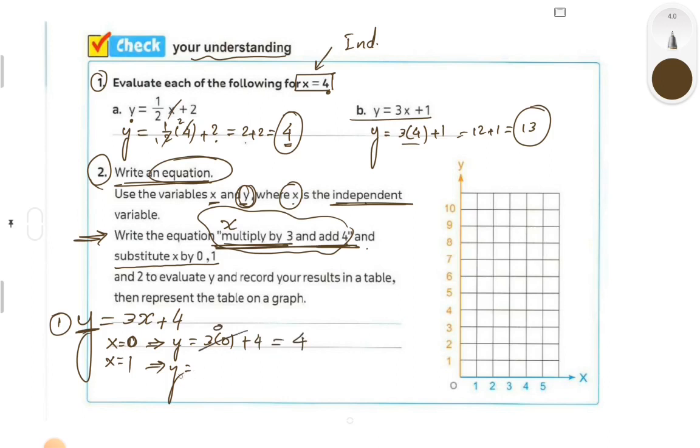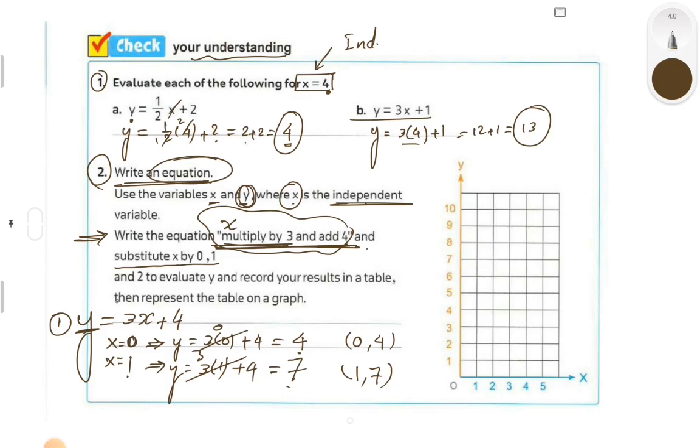Here x equals 1, so y equals 3 times 1 plus 4. 3 times 1 equals 3, and 3 plus 4 equals 7. So we have two ordered pairs. When x equals 0, y is 4. When x equals 1, y equals 7.